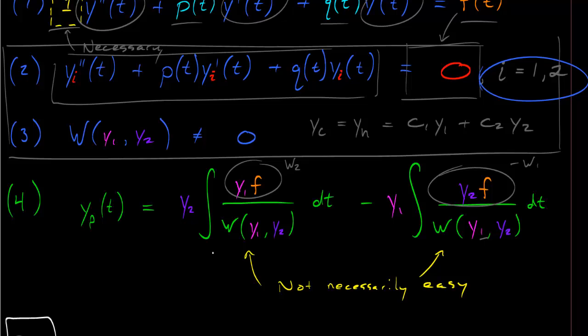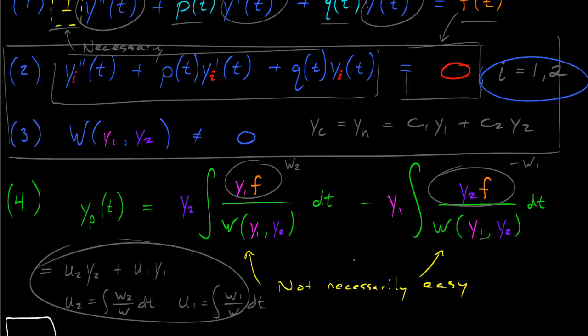So variation of parameters can be stated more nicely if we let the particular solution be u2 y2 plus u1 y1, where u2 is the antiderivative of W2 over W, and u1 is the antiderivative of W1 over W. But really, this is just a way to abbreviate the variation of parameters formula.